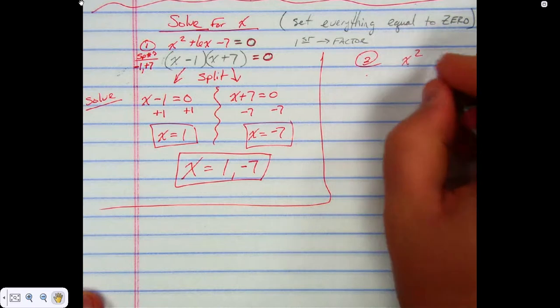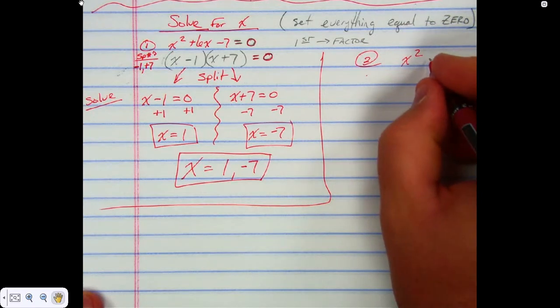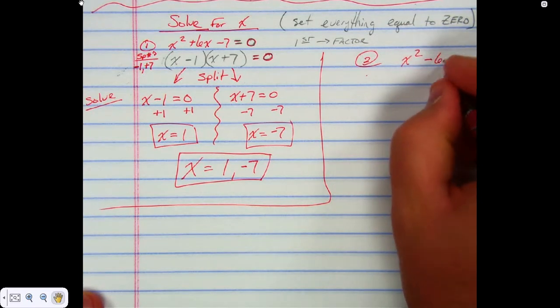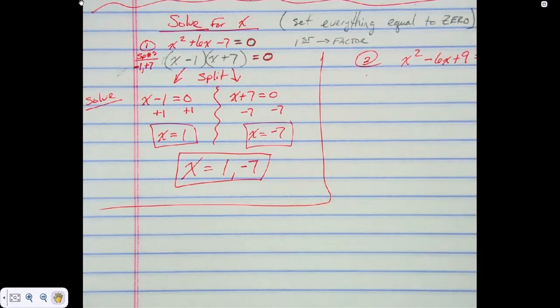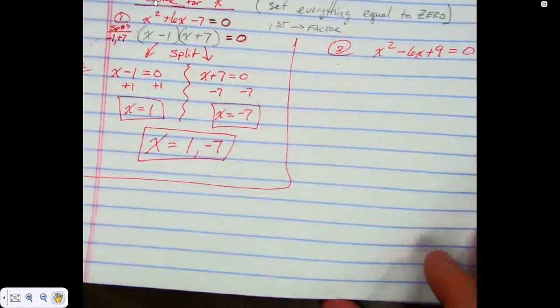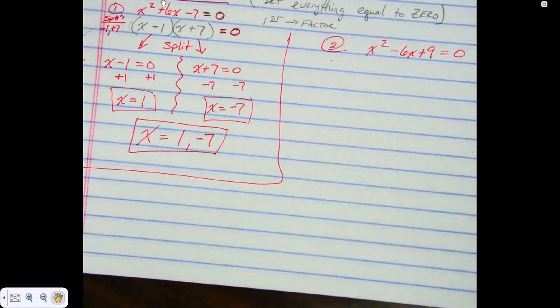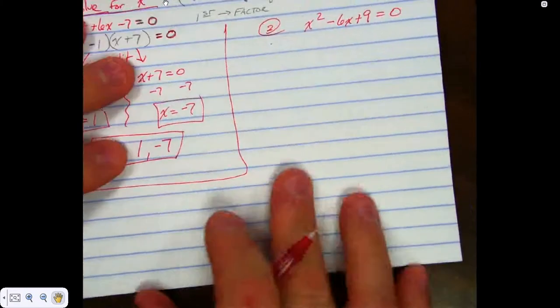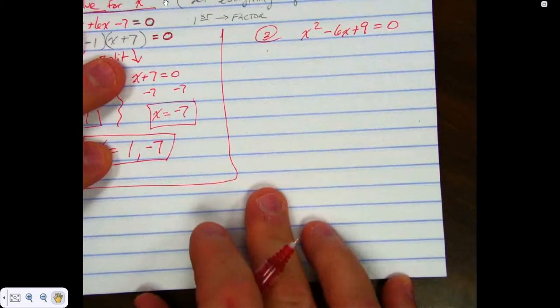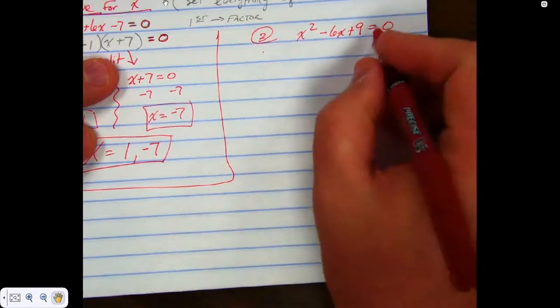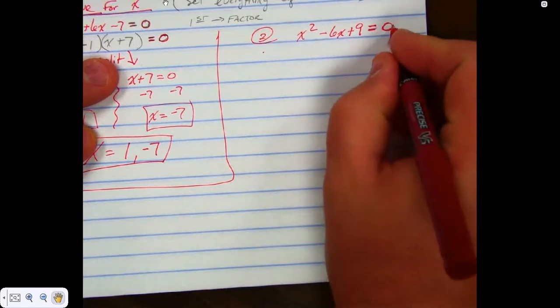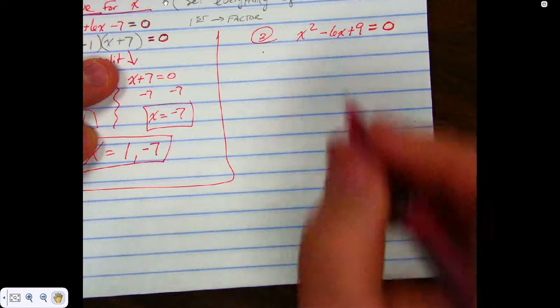Let's do x squared minus 6x plus 9 is equal to 0. Is everything set equal to 0? Okay.